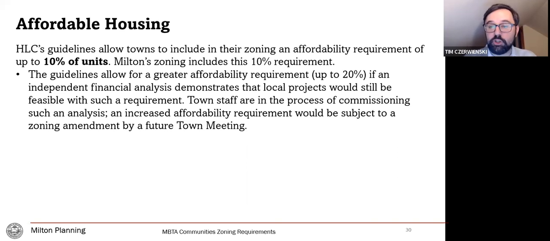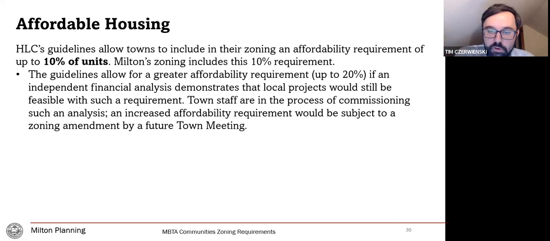So our zoning includes this 10% requirement for buildings of 10 or more units, because you can't have a 10% requirement on a 3-unit building, because one unit in a 3-unit building is actually now 33%. So this will apply to our larger buildings that are built under the zoning.